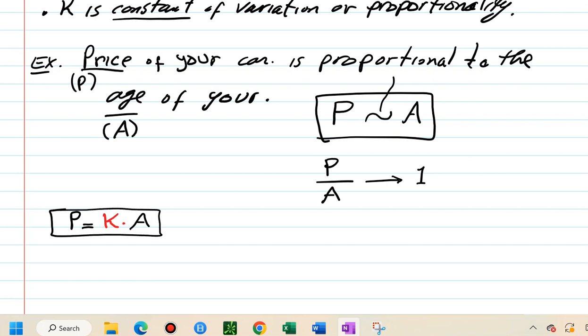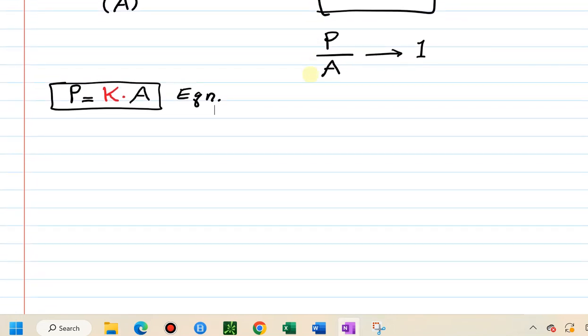Okay, and of course the key is how do we determine that constant, right? Which remains to be seen. So there you go. Now I have an equation. I don't have a proportionality. I have an equation in P and A. So give me the age, I determine the price of your car. So that's the role that k plays in this situation.